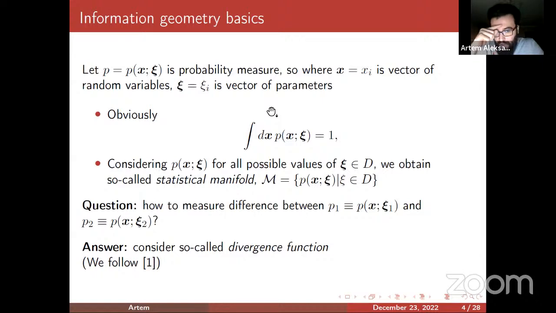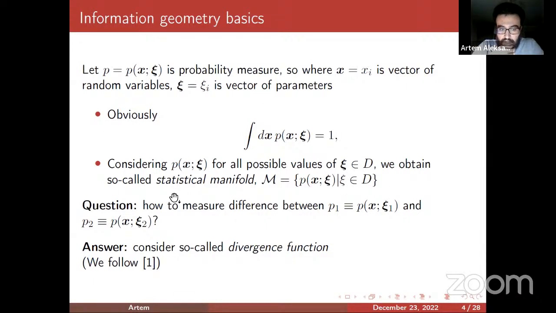And the first statement is that all probability distributions, when we vary the parameter xi, form the so-called statistical manifold. So the manifold M is constructed from probability measures for every possible value of the parameter xi.